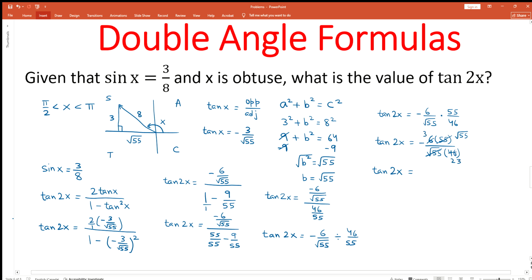I get tan 2x equals negative 3 times square root 55 over 23. This should be the final answer for the value of tan 2x. So these are the steps you have to keep in mind to solve this problem.